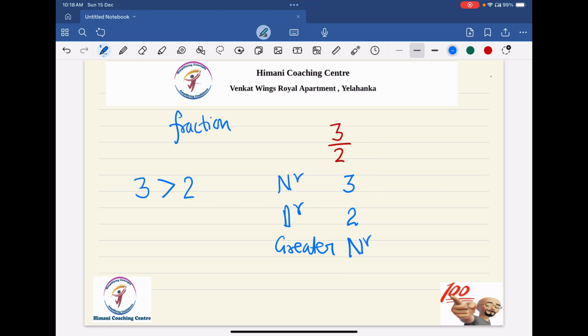Now let us write another number, 7 over 5. The numerator is 7, the denominator is 5. Which is greater here between 7 and 5? The numerator. Let us take one more. Let us write 11 over 4.